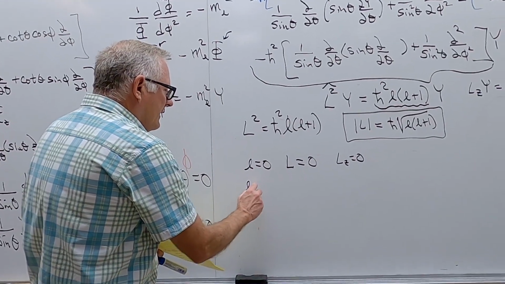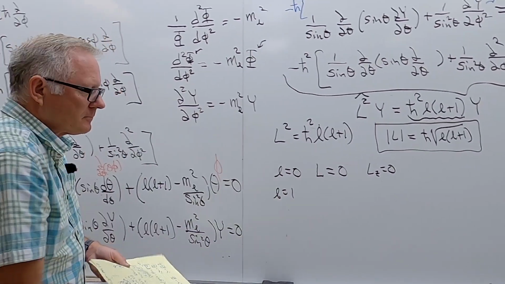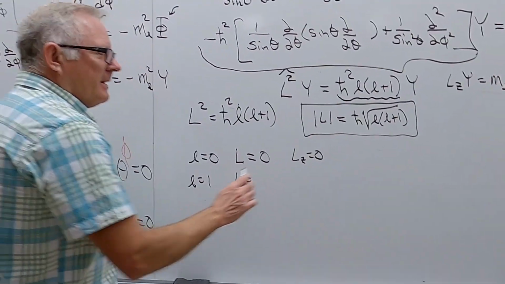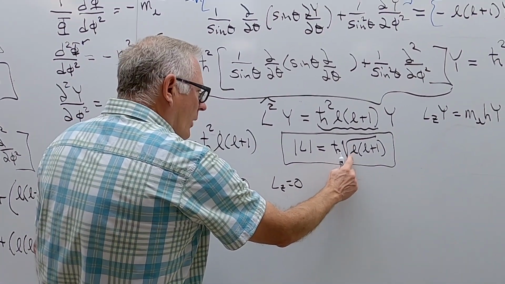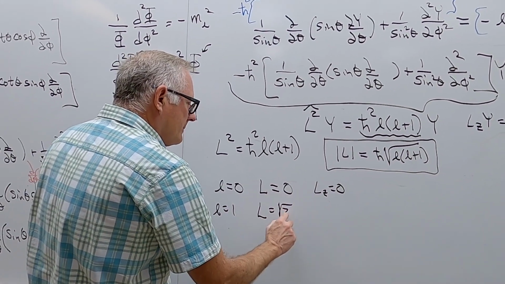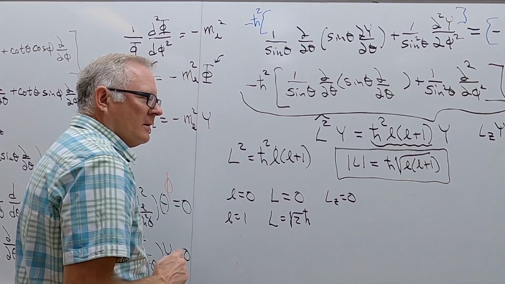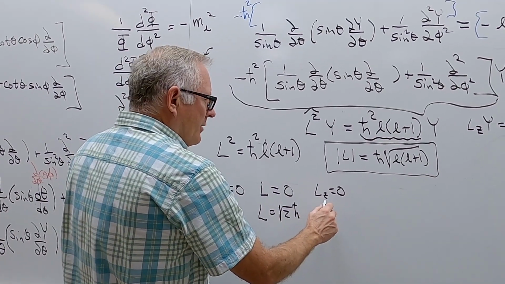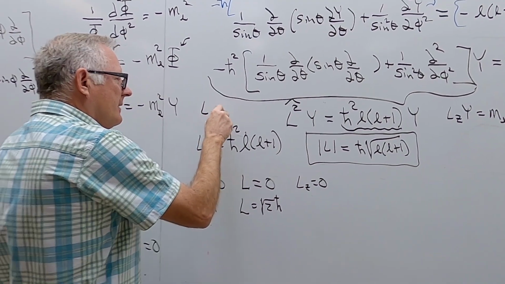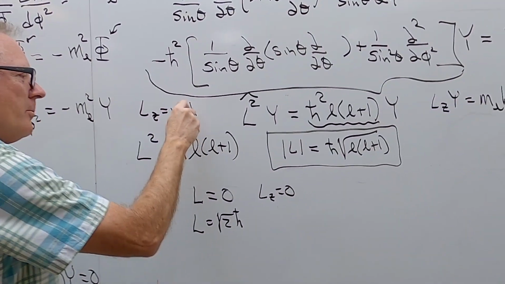If we look at L equals 1, well, that means the total angular momentum can be h bar times the square root of 1 times 2, so that's the square root of 2 h bar. And the LZ component, remember LZ is equal to m sub L h bar.